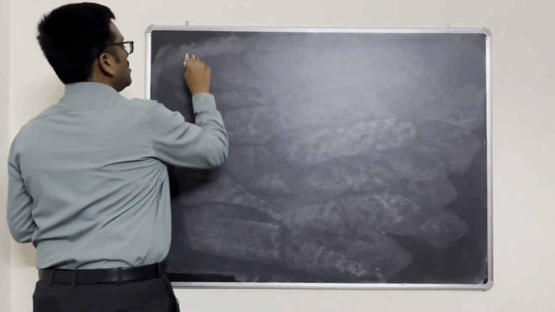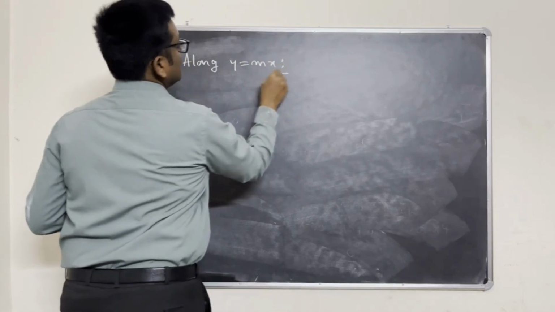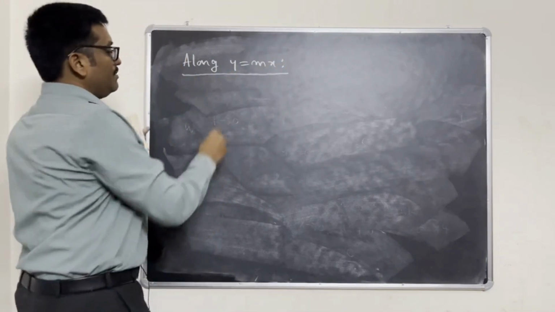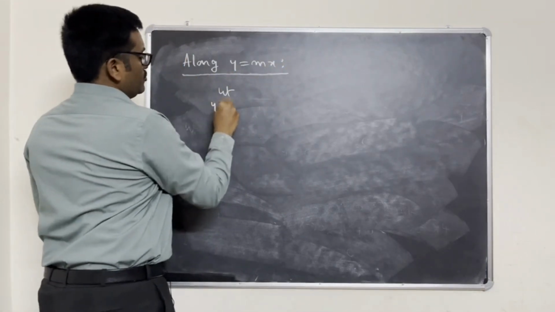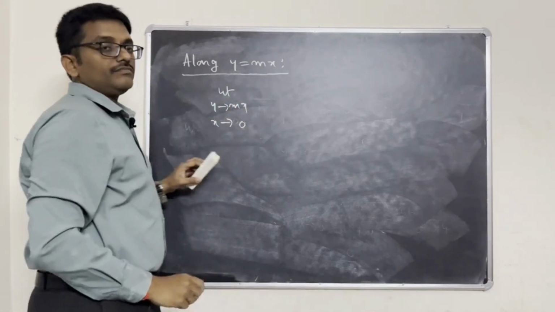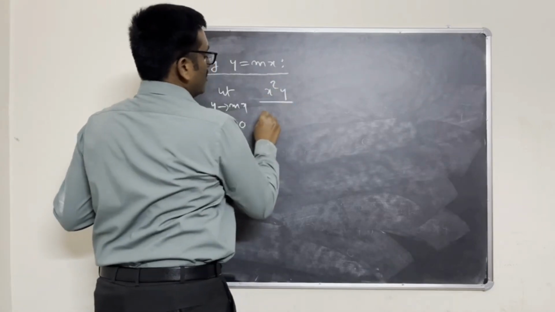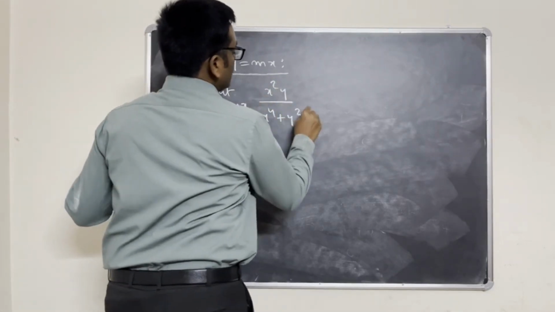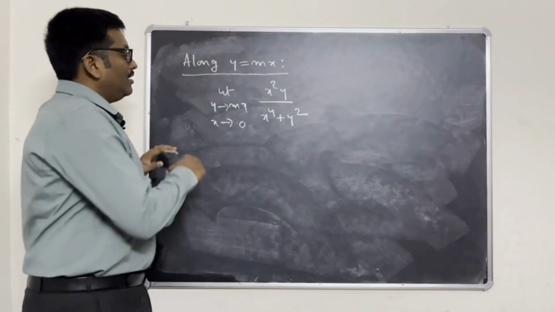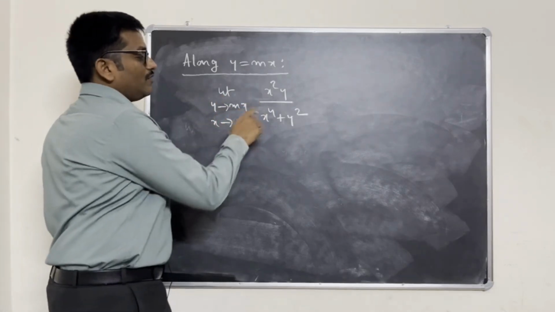Along the path y equal to mx, limit y tends to mx, x tends to 0, x square y by x power 4 plus y square. So first we write limit y tends to mx, x tends to 0 for this function.